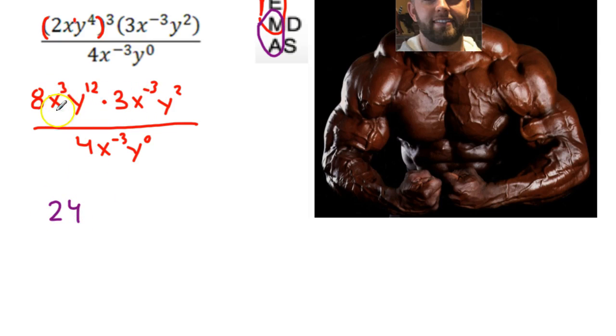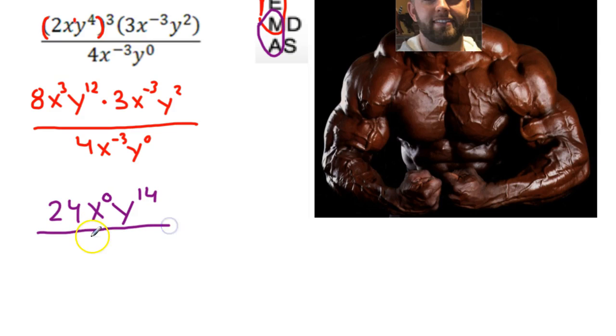Now I have the x's, x to the third power and x to the negative third power. So that's x to the 3 plus negative 3, the same as 3 minus 3, and that is 0. Now the y's, we have y to the 12th and y squared. 12 plus 2 is 14, so y to the 14.